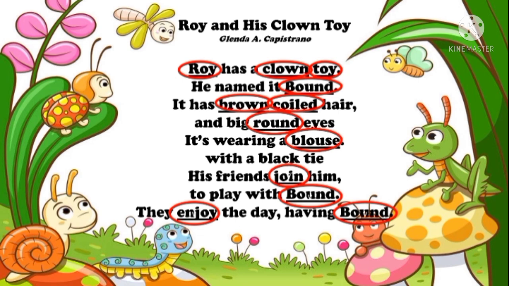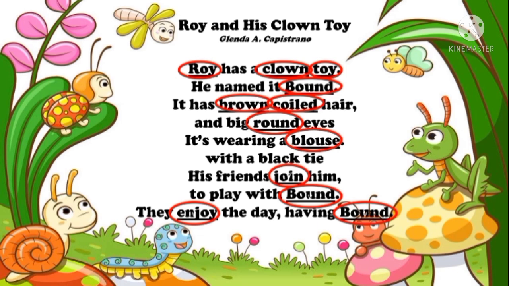Toy. The sound is oi, toy. Next is bound. The sound is ow, bound. Brown. The sound is ow, brown. Coiled. The sound is oi, coiled.